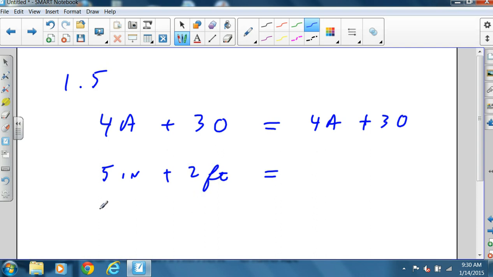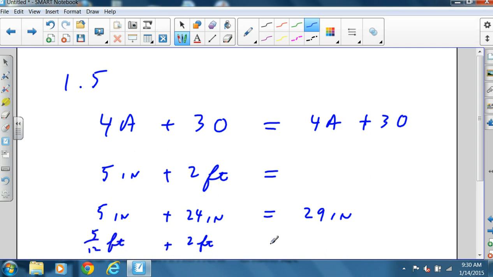So I've got 5 inches plus 24 inches, and I can have 29 inches. Or I can say I got 2 feet and I got 5/12 of a foot, and now I've got 2 and 5/12 of a foot. Okay, so I can't add things if I have different units.